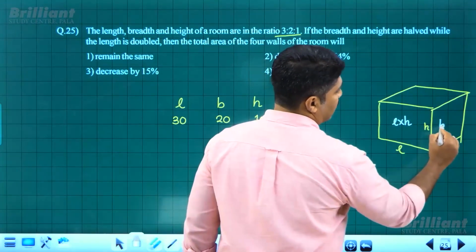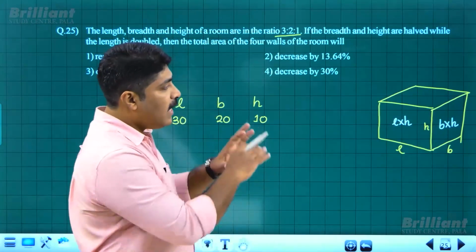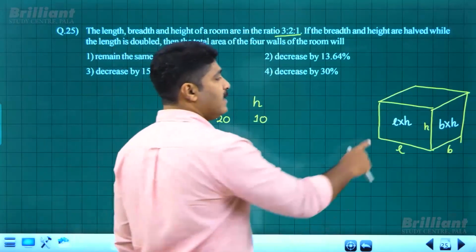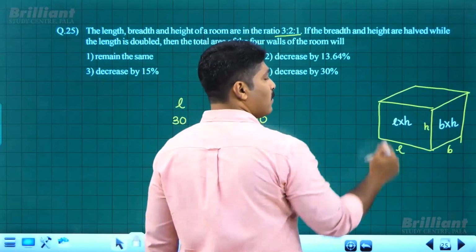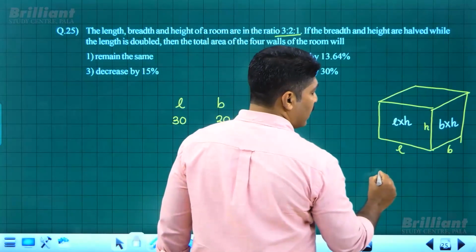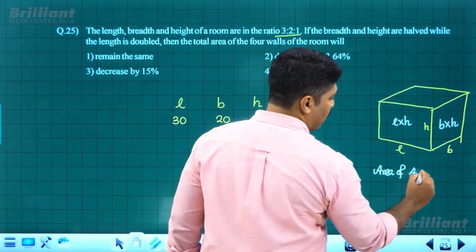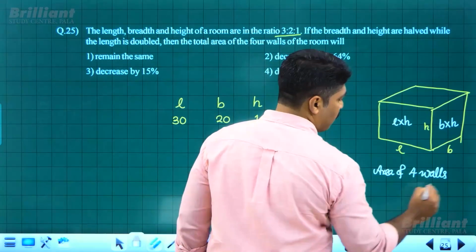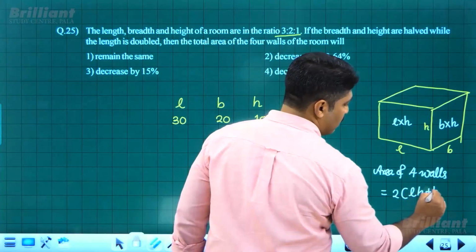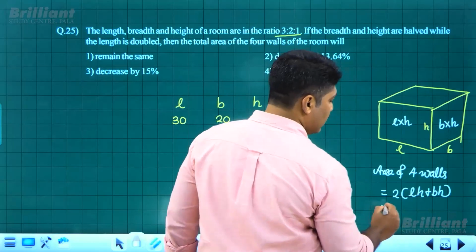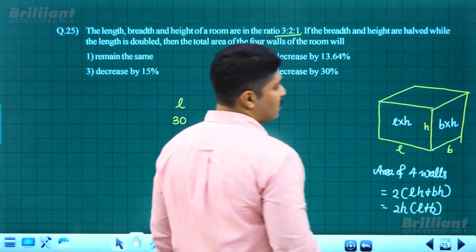And this one, breadth into height. So if you need to find out the area of 4 walls, length into height, its opposite, there is another one such side. Here opposite also another one side. Therefore, the required area, the area of 4 walls, is 2 times of LH plus BH, or we can write it as 2 times of H into L plus B. Got it? So that's the result.